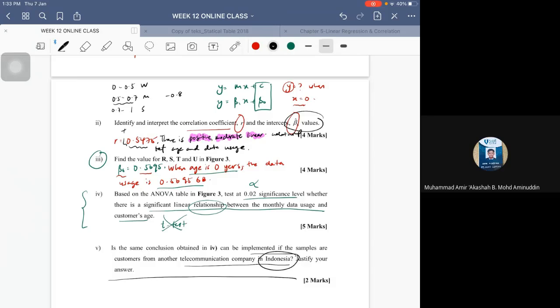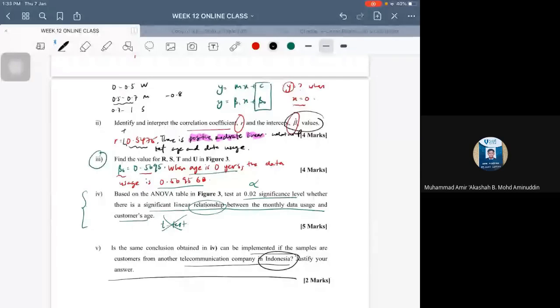Let me think about it for a bit. Give me 10 seconds. So we cannot use it for a different population. We cannot use it for a different timeline either. For example, if we take the sample from 1990, implementing it on 2000 doesn't make sense. Likewise, if I model it with a sample of Malaysians, I can only use it when I want to model Malaysians.